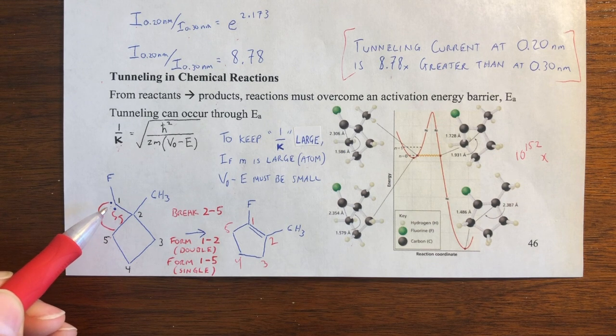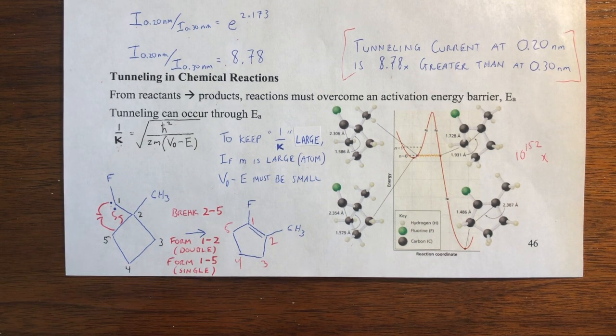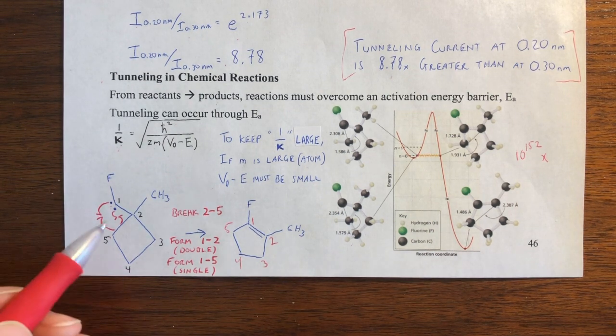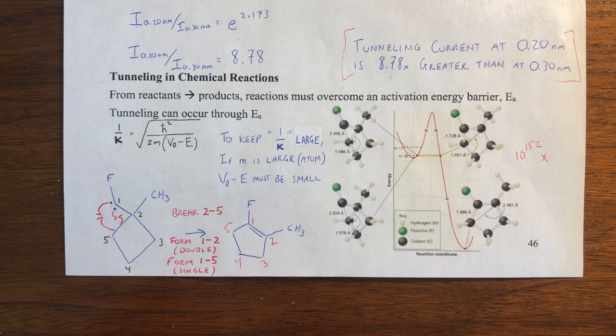So this is not a carbanion, it is not a carbocation, it's actually what's called a carbene. That's something that we cover in other classes, but a carbene is a neutral carbon. And so there's a radical reaction mechanism that happens here, where single electrons move and pair up with others as we break and form new bonds.